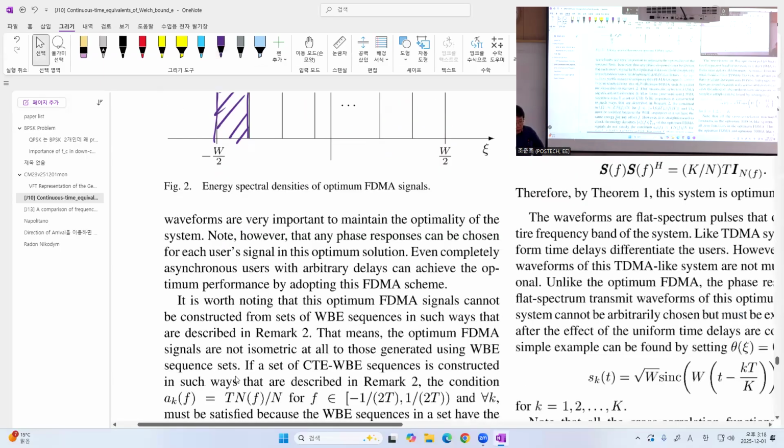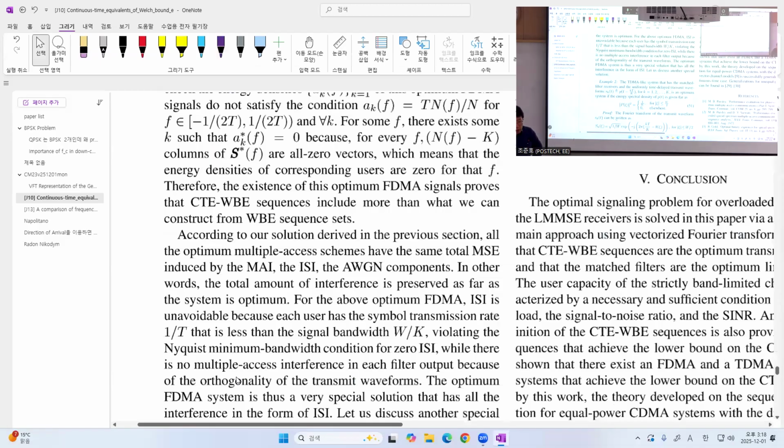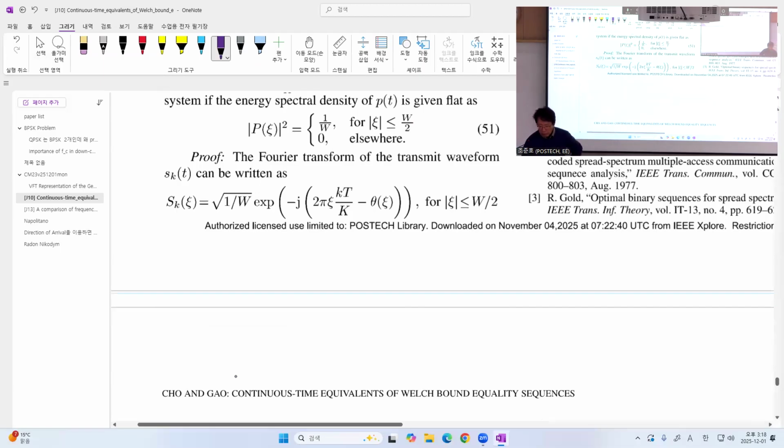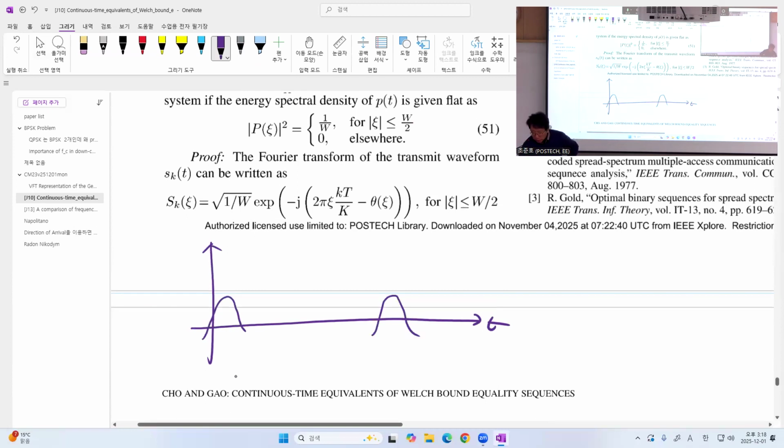Second one is that let's consider TDMA type solution. And this is really interesting. So what we do is that in the time domain, each stream transmits at every t.